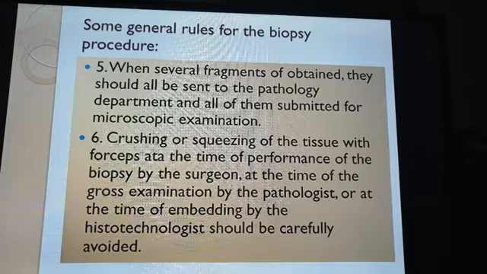Number six, crushing or squeezing of the tissue with forceps at the time of performance of the biopsy by the surgeon, at the time of gross examination by the pathologist, or at the time of processing by the histotechnologist should be carefully avoided.